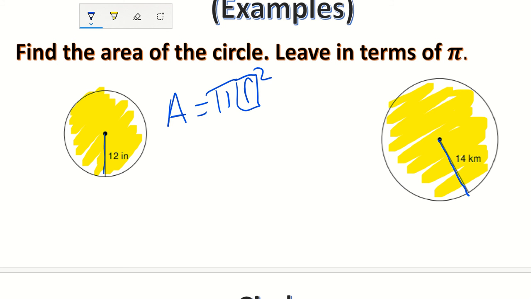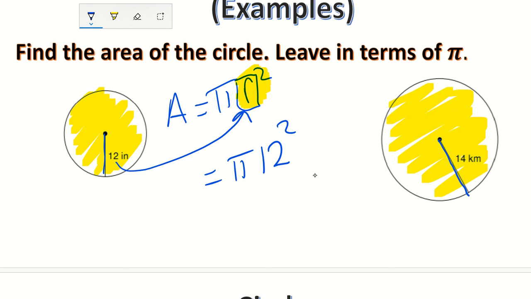Now, remember that we're going to leave pi as is. We're not going to mess with pi. So the only thing I really need to work out is r squared, which means that I have to multiply the number times itself. So in this case, we have 12. So I would plug in pi r squared, I plugged in the 12 for r.